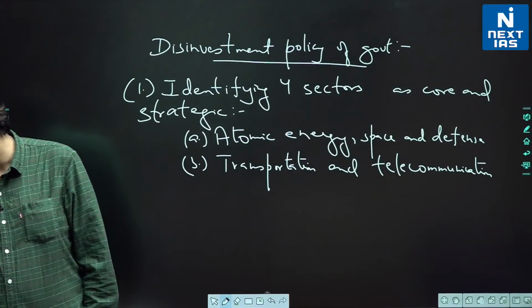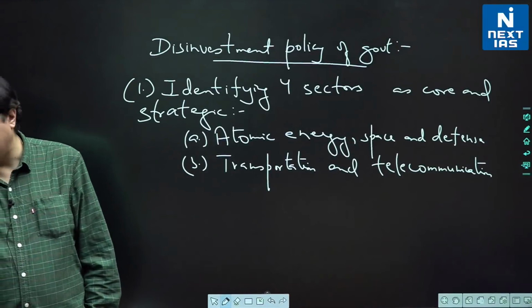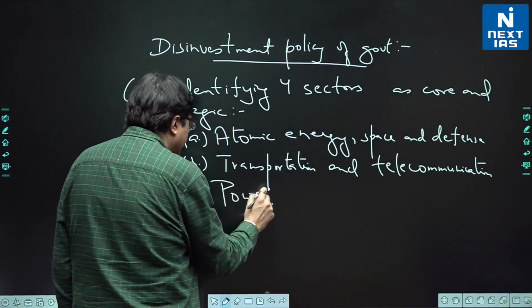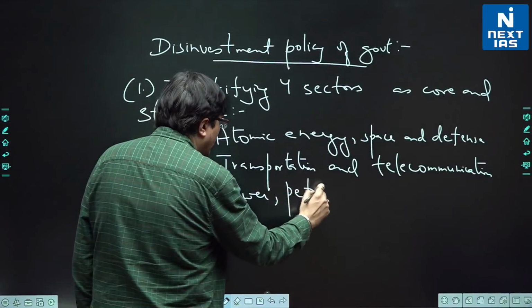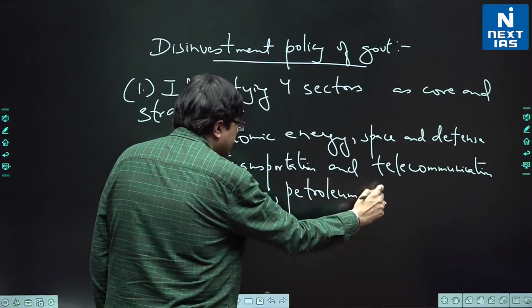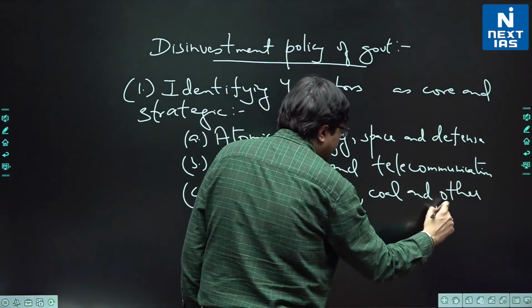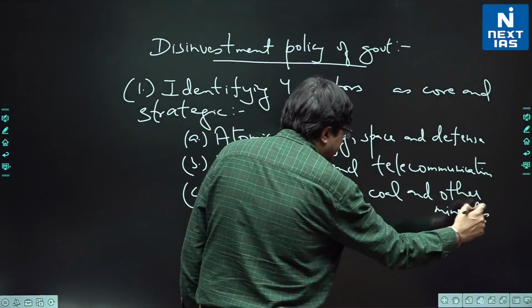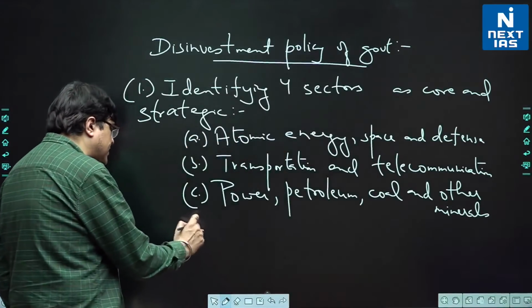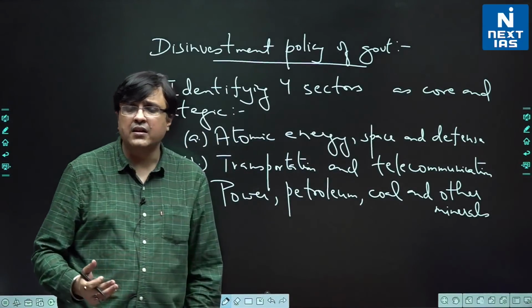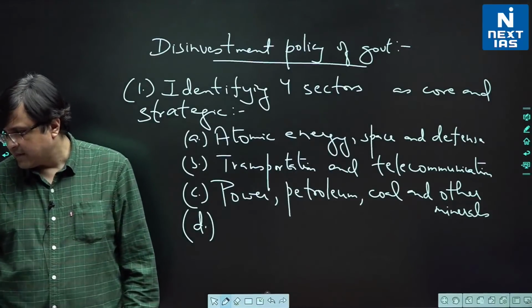Then another is, they talk about power, petroleum, coal and other minerals. So again, in minerals, the metal industry, electricity generation, the government will always remain. And then banking, insurance and finance.